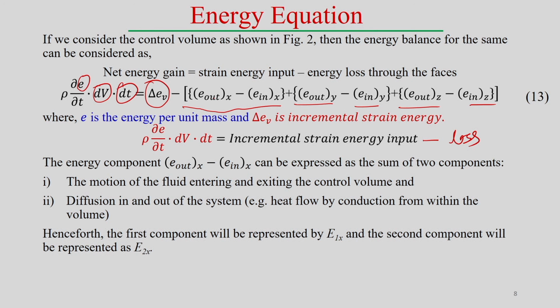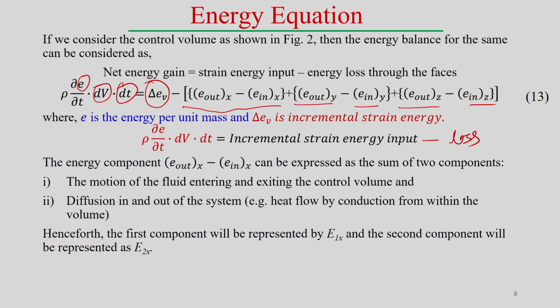Therefore, the first component will be represented E1x and the second component will be E2x. E1x is simply because of the fluid entering and exiting the control volume, what is the energy gain or loss within this control volume, that we have to look at. The second is the diffusion in and out of the system by considering heat conduction, because in fluid flow problems the entering and exiting fluid may not be at the same temperature; there is a variation of temperature.